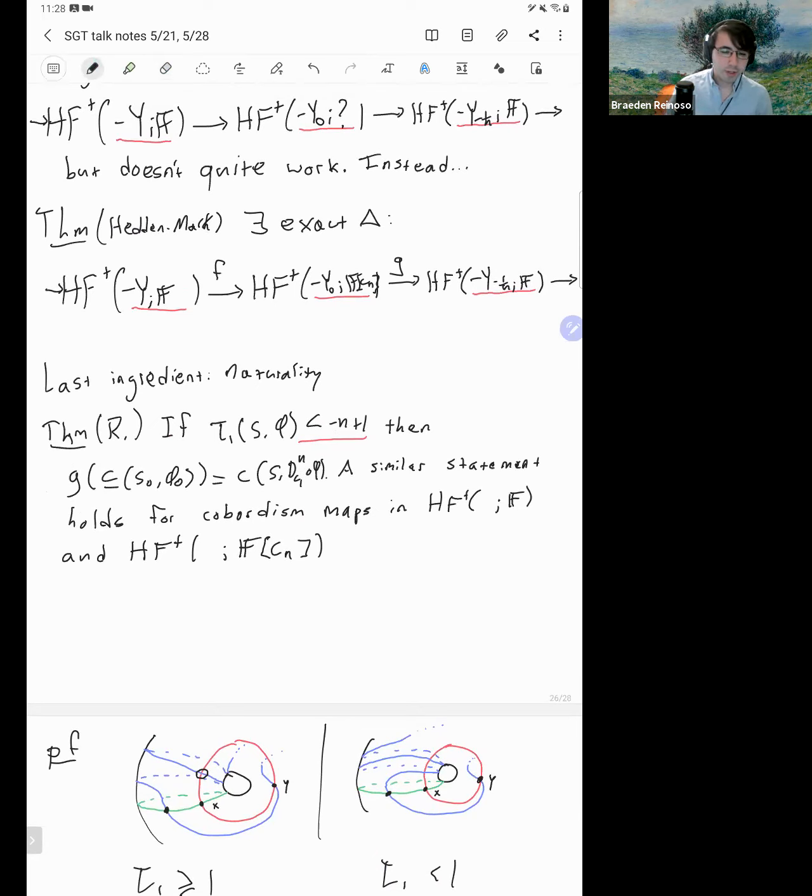But the point is essentially, the theorem as it's written in my paper, or that you should think of it, is not confined to this particular case here, but as a general theme, if you have some open book with fractional Dehn twist coefficient less than 1, then whatever map you're looking at in Heegaard Floer homology associated to capping off, whether it's this map here or just say the cobordism map associated to capping off or whatever, the contact class is going to be natural under that map.